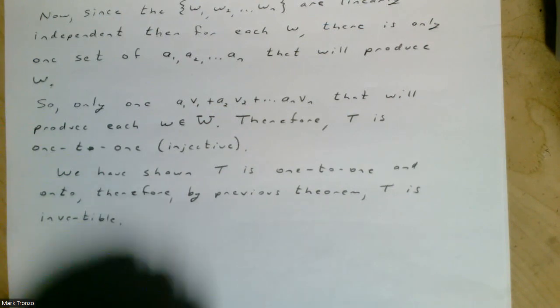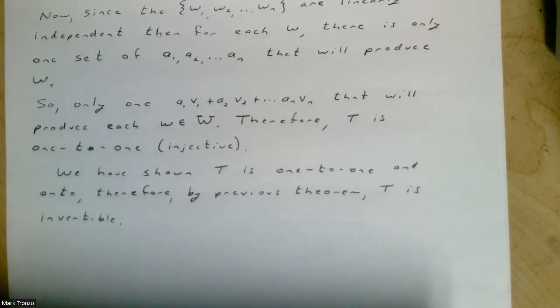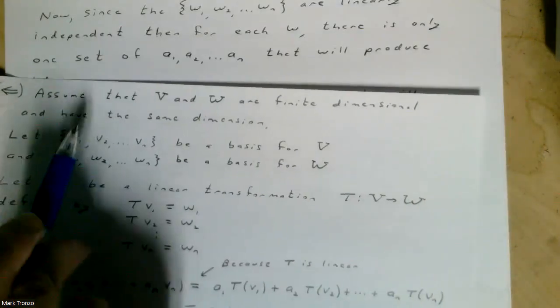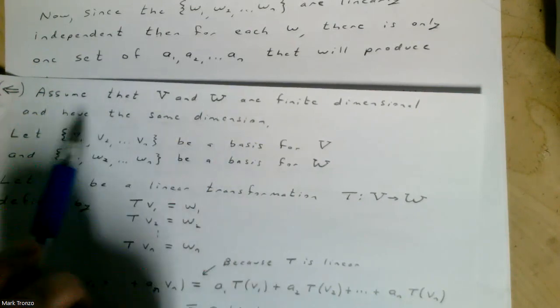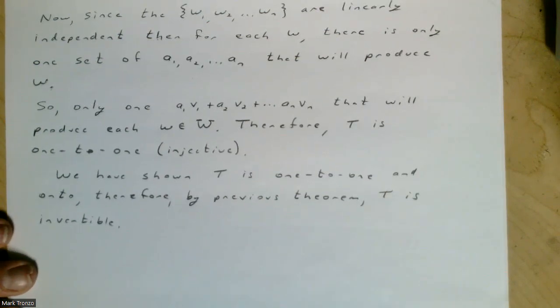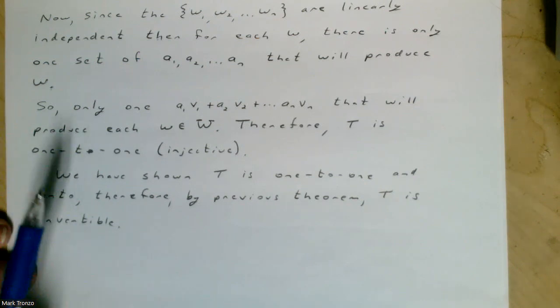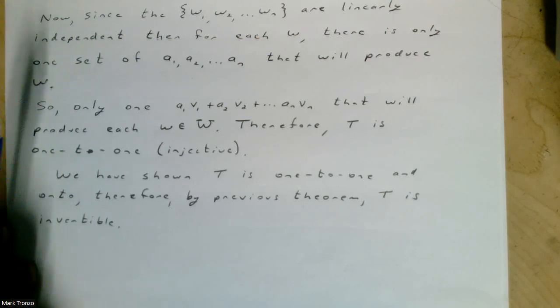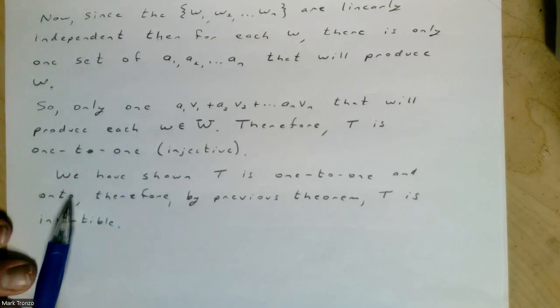And remember that part of the proof, we started out by assuming that V and W were finite dimensional and have the same dimensions. And we ended up proving that there was a T, a linear transformation from V to W that was 1-to-1 and onto.